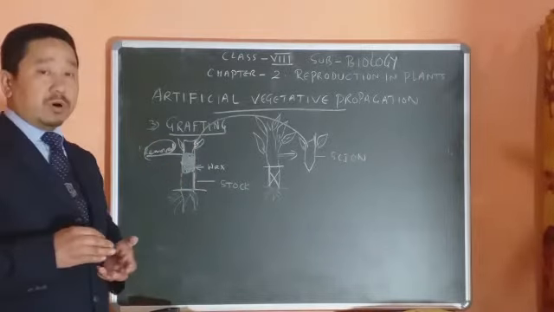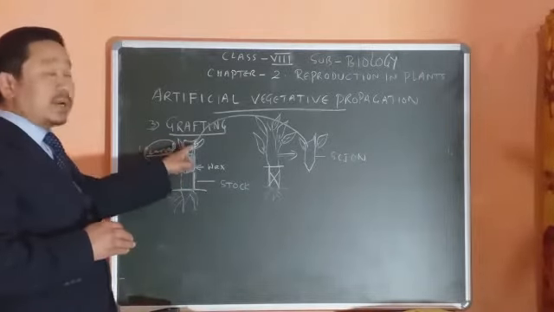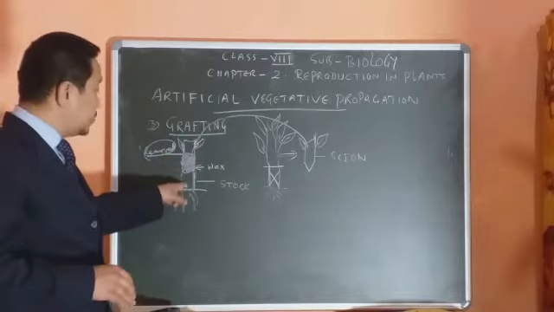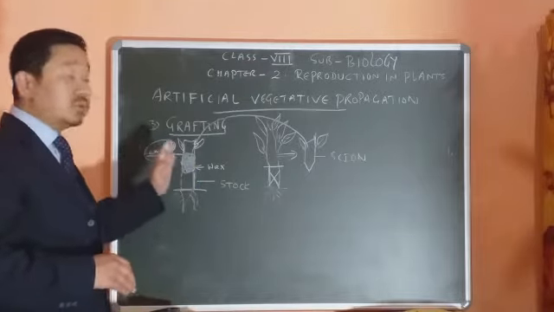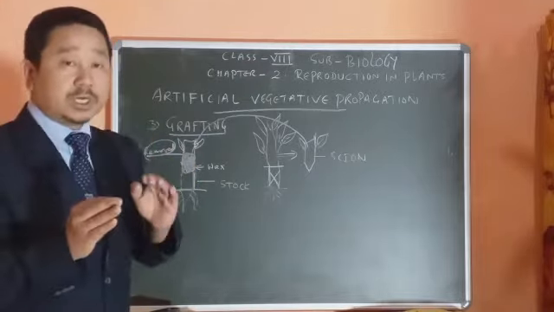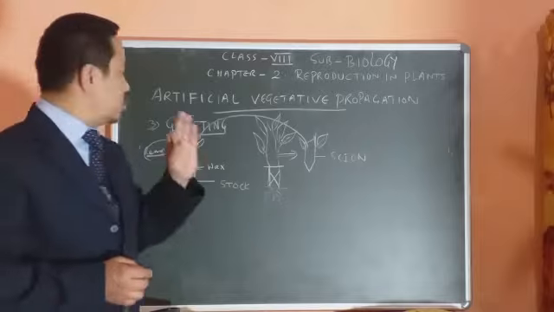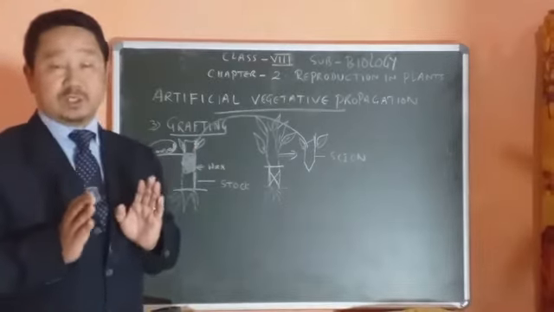Now after using the water and minerals, whatever they prepare, like food and all, should be supplied to this also, so that a very smooth translocation of materials takes place between these two, stalk and scion. Over the course of time, very good development will take place here, and this graft will grow as a single individual plant.